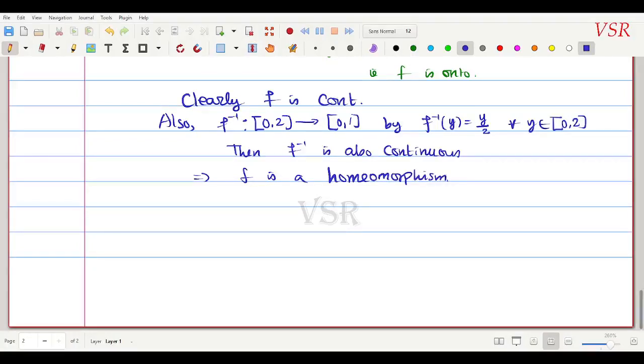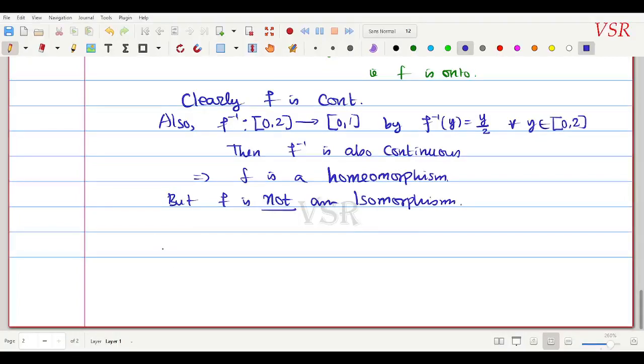Okay, but f is not an isometry. Why is it not an isometry?